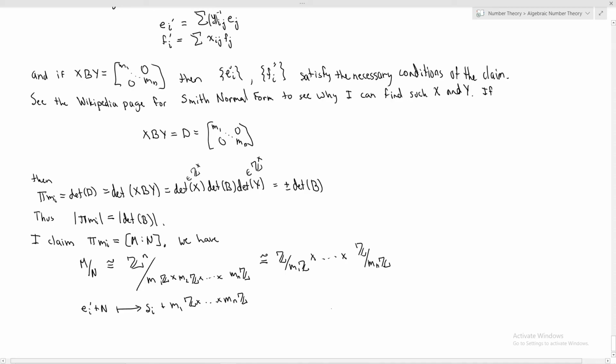You can probably use the Chinese remainder theorem here, but you can probably just do something like this.